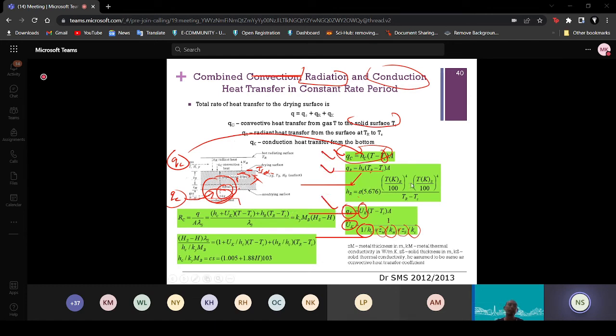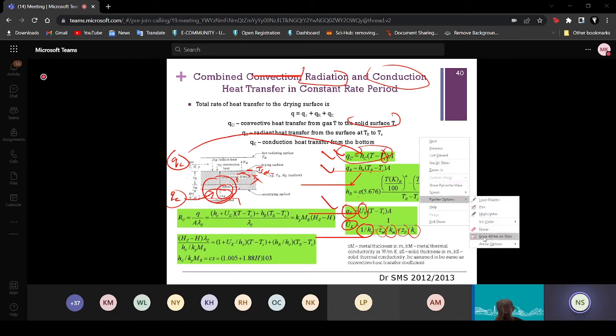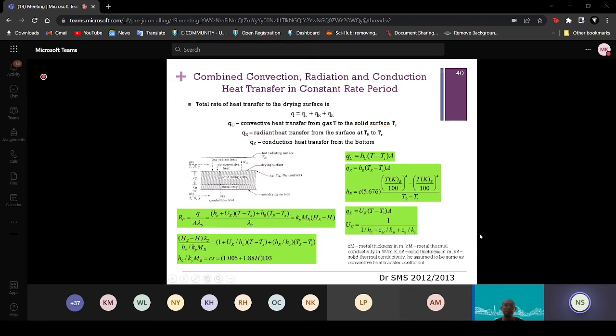So what to do? As I mentioned earlier, you need to add them, because you know it is the summation of Q over A latent heat. Now the latent heat is not at wet bulb.